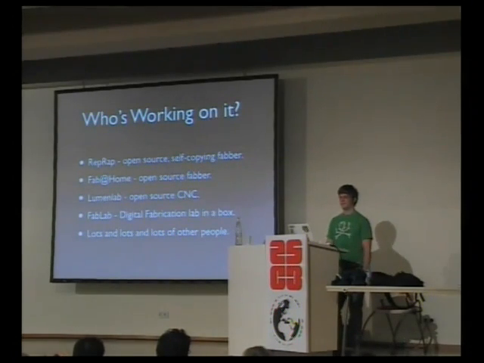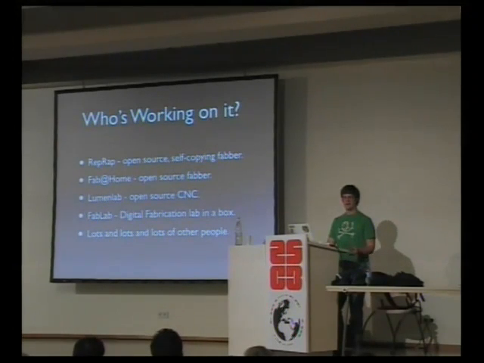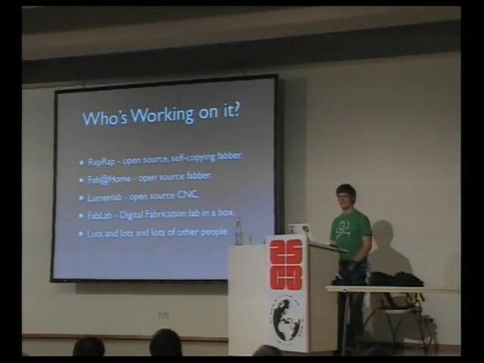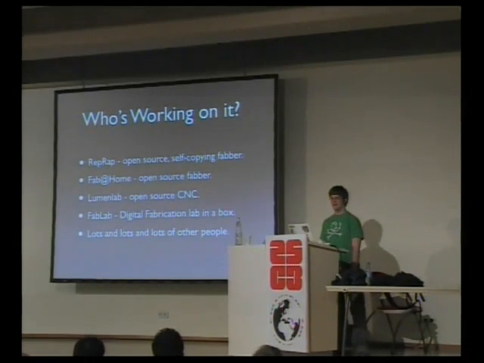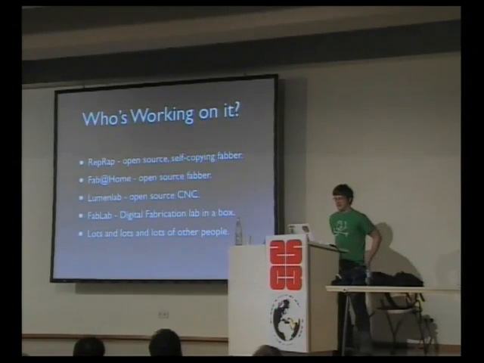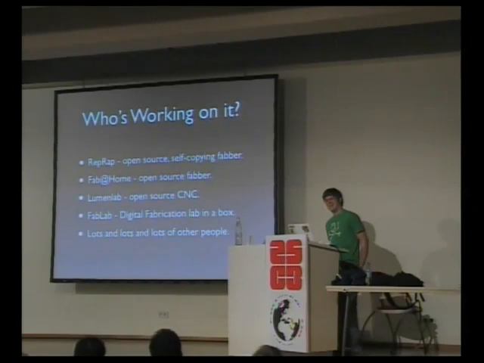And then there's also Fab Lab, which is this MIT project where they take all this high-end digital fabrication gear that is usually squirreled away in research labs and government offices and big corporations that are willing to pay $100,000 for this equipment. And they just ship them all over the world and hope that people do cool things with them, which I really applaud them for doing. It's a great little project. Or big project, I guess. And there's lots of other people working on this stuff.